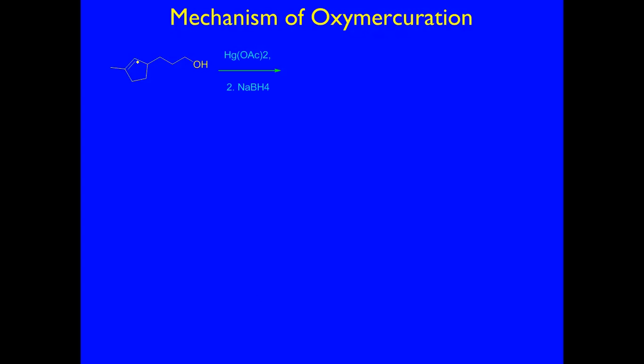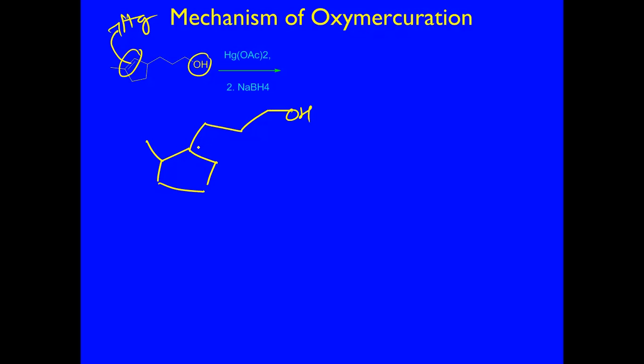If you were to have an alkene and alcohol in the same molecule, we have a nucleophile as well as an electrophile in the same molecule. As a result, both are nucleophiles. Your mercury is the electrophile, so these electrons are given to mercury, and as a result you form a carbocation. Where would the carbocation be more stable? There are two options for this molecule. It can form a carbocation here, or it can form a carbocation at this tertiary center.